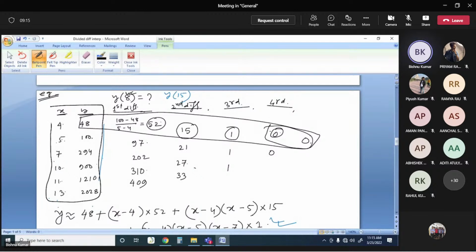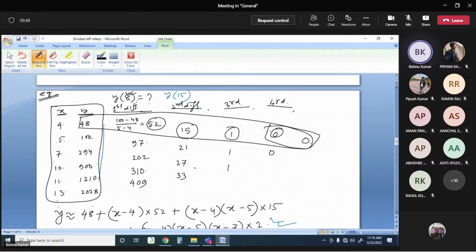With the help of these data sets, you have to calculate the value of y at x equals 8 and the value of y at x equals 15. The y values at x equals 8 and x equals 15 are not given to you. That is, you have to calculate, create, or interpolate. Calculate, create, or interpolate are all synonyms, the same words. That is why these are interpolation techniques. Interpolating means creating.